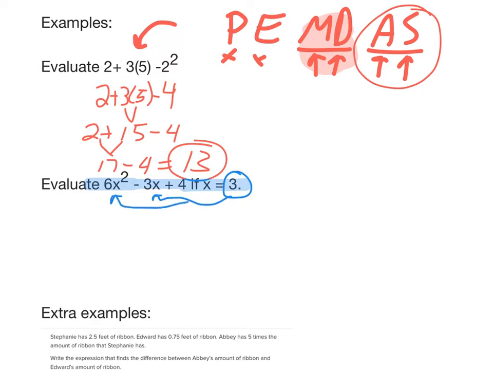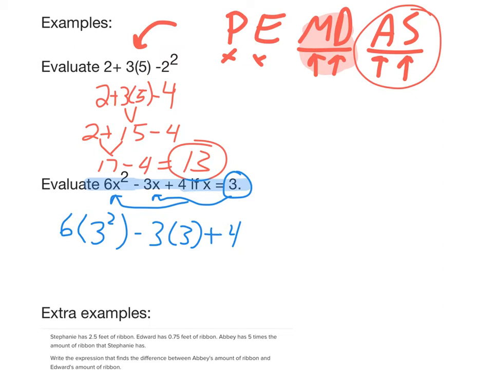So I'm going to rewrite this as 6 times 3 to the second power minus 3 times 3 plus 4. So that is the numerical expression. Then I'm going to follow the order of operations.